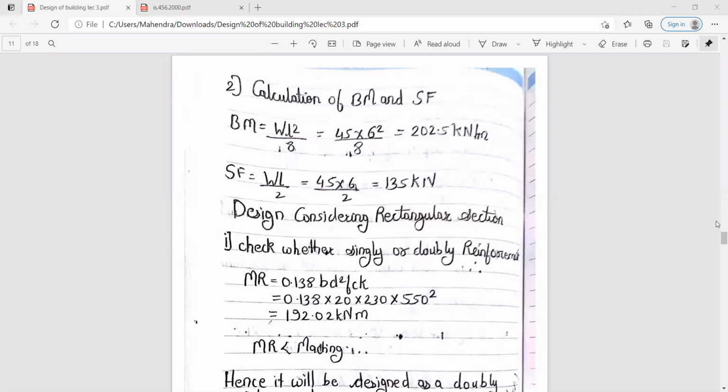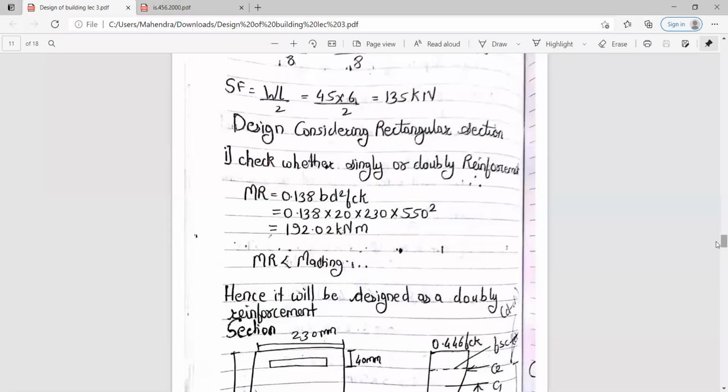Now you need to design. First of all, we will check whether, considering the rectangular section, we are going to design. So first of all, we are going to check whether our beam is singly reinforced or doubly reinforced. To check for singly reinforced or doubly reinforced, first of all, you need to calculate the moment of resistance.